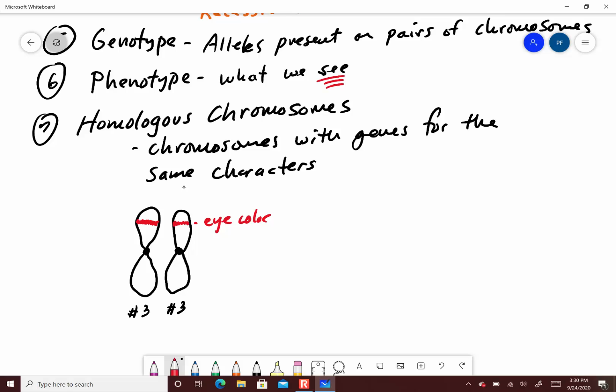Now they may tell us different things, right? Remember, these genes could be present in alleles, which are different from one another. So maybe they tell us the same thing, maybe they tell us different stuff, but none of that matters for this definition. If there's a gene for a character on one in this pair, there must be a gene for the same character on the other in the pair.